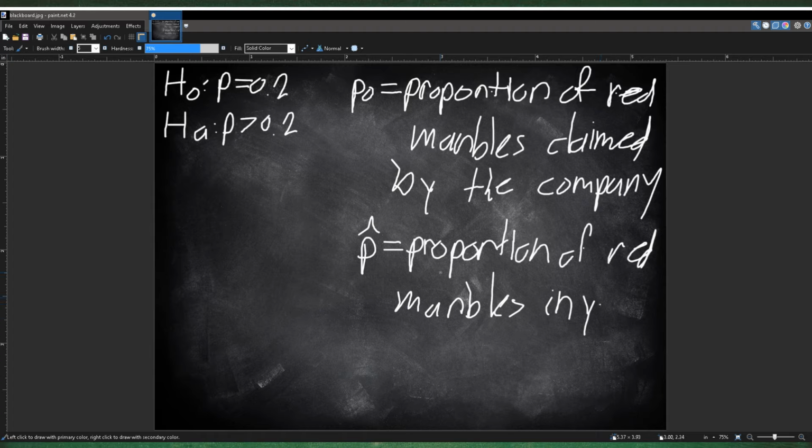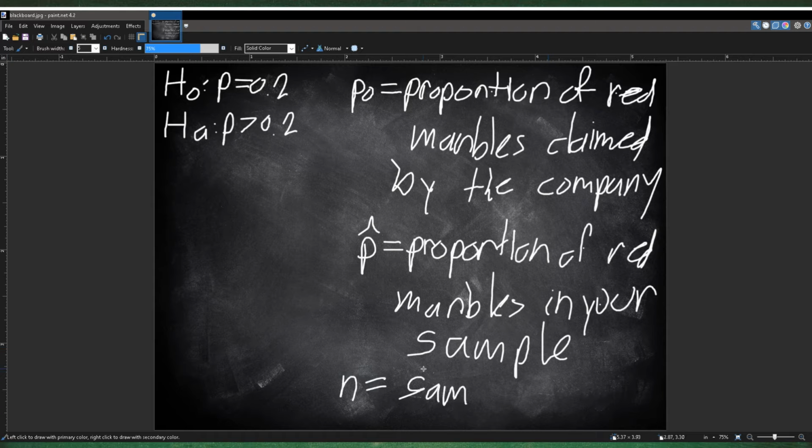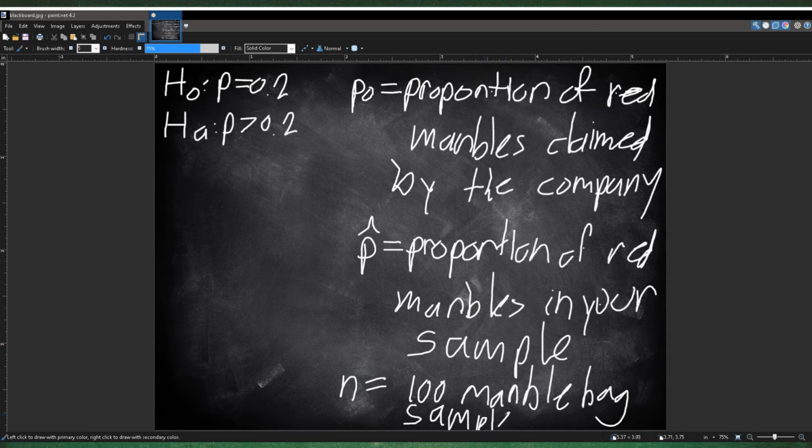And then n is your 100 marble sample, bag sample size. Okay? So basically that's what you write.